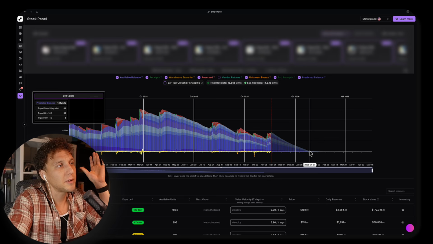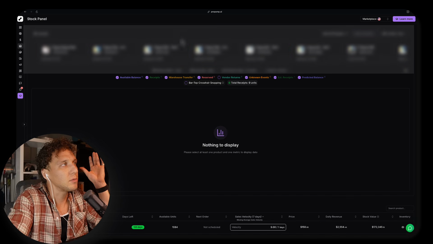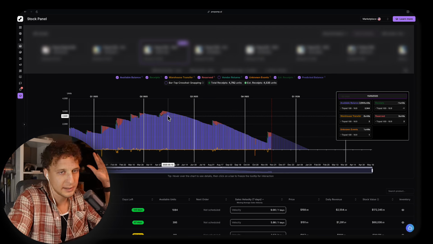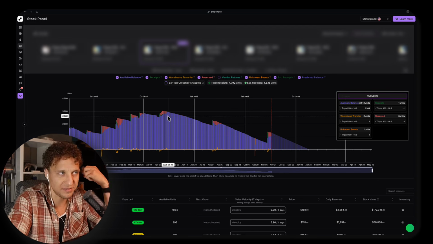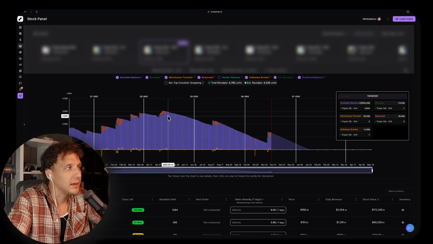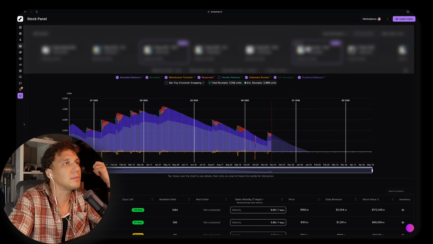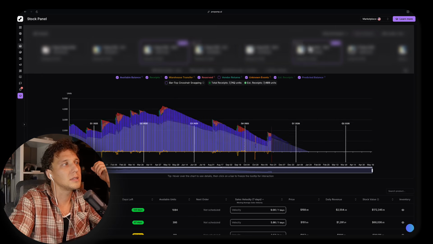The last disclaimer is about the different colors here. Let's take an example of one ASIN. This pale purple is the actual inventory on hand, the actual balance of units. It's pale purple for this ASIN, but if I put another ASIN, it's going to be different colors, just to help you distinguish between ASINs.